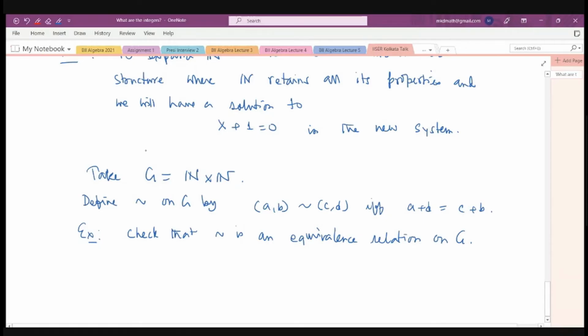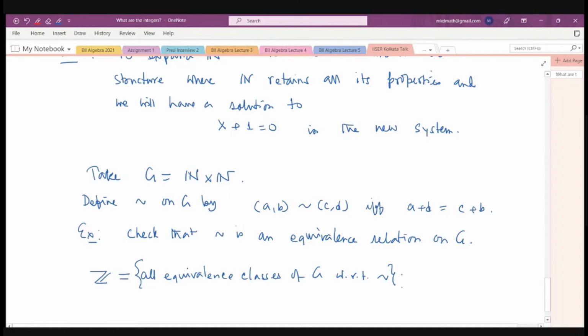Now I am using this symbol Z. This is the set of all equivalence classes of G with respect to this equivalence relation.